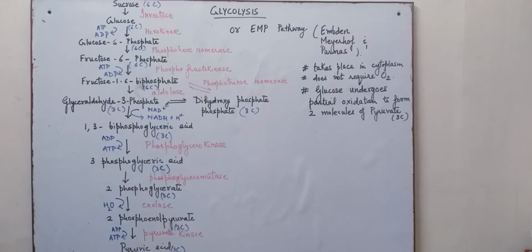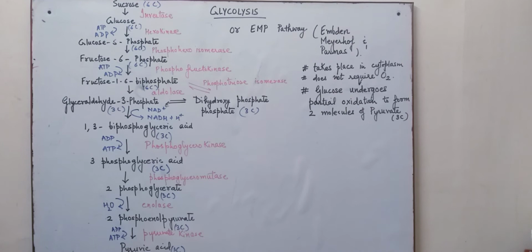That is, whether it will enter into the Krebs cycle, that is the complete oxidation resulting in the formation of carbon dioxide and water, or whether it will undergo incomplete oxidation or incomplete breakdown, that is fermentation, and the products are completely different, that is ethyl alcohol is formed or lactic acid formation may be there. That we'll study in the later videos.